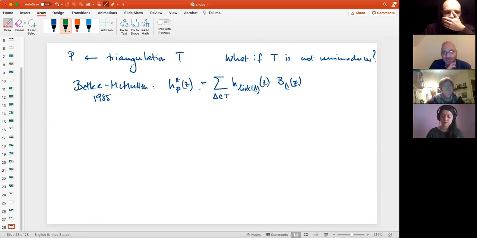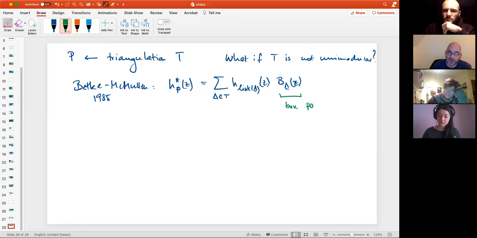You can make a precise definition, and the topologists in the Zoom room know exactly what I mean. Anyway, this is part of your triangulation. So it has some face numbers and some H numbers, and that's the H polynomial. This is topological data. And this is called the box polynomial of the simplex.